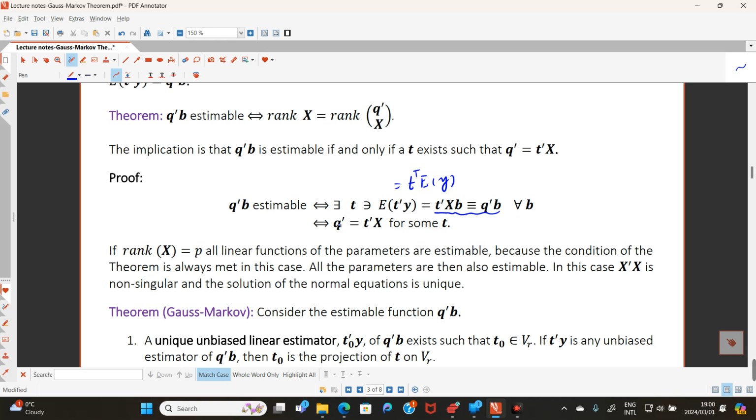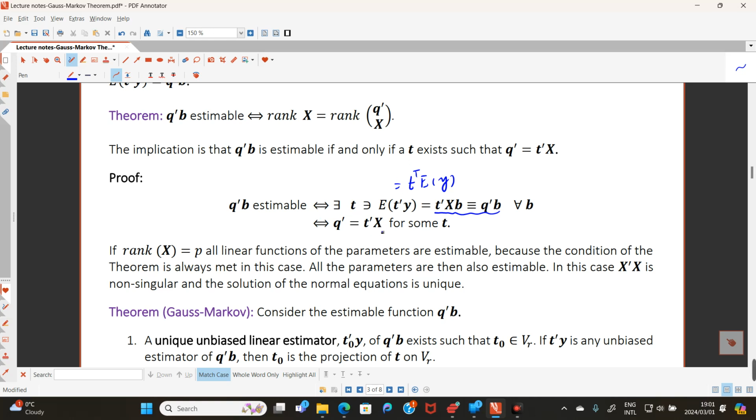From this equality, you can conclude that it happens if and only if Q prime is equal to T prime X for some T. And this is actually coming from the application. For a case where the rank of X is equal to P, all linear functions of the parameter are estimable, because the condition of the theorem is always met for this specific case.